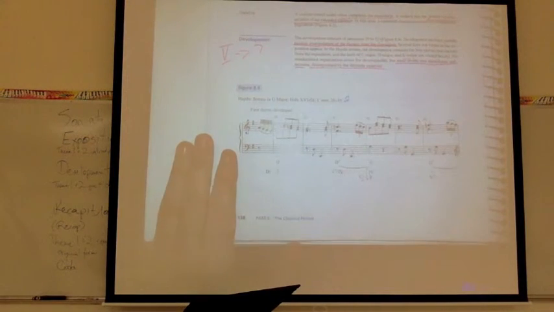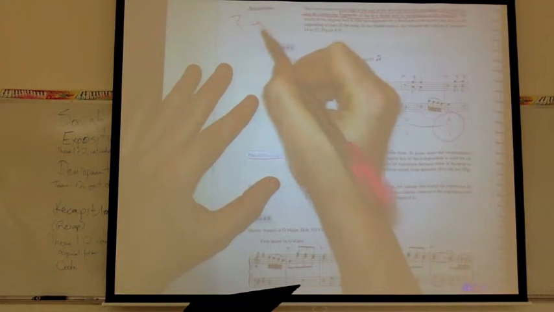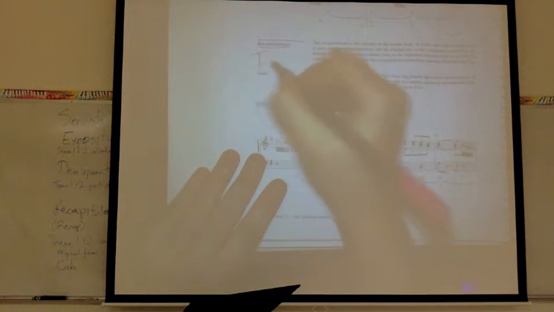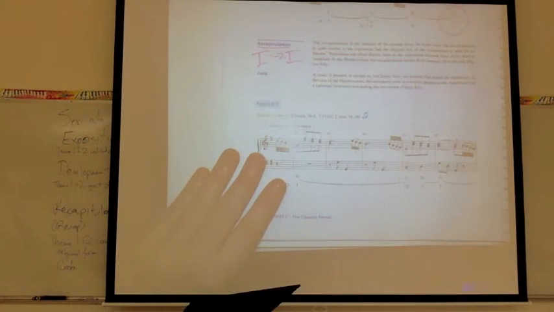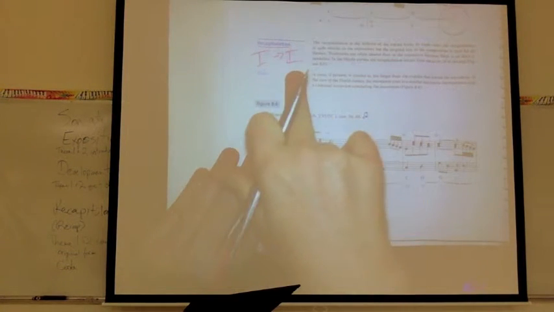And eventually, when we hit that retransition, wherever it happens to be, it moves to 1. Now the recap stays in 1. It starts in 1 through the retransition, and then we end the thing in 1.